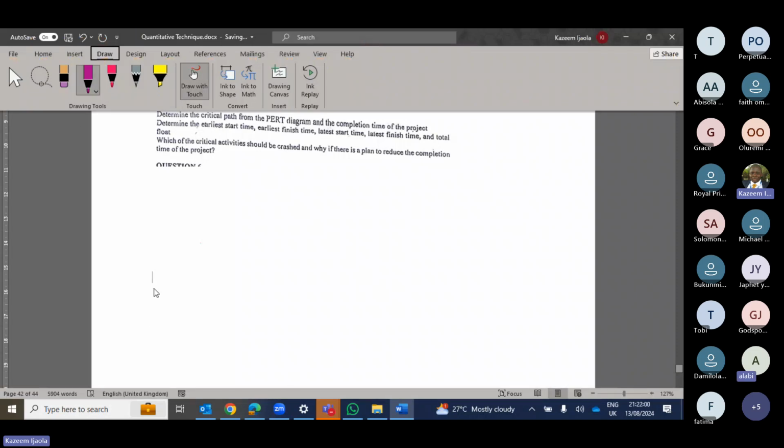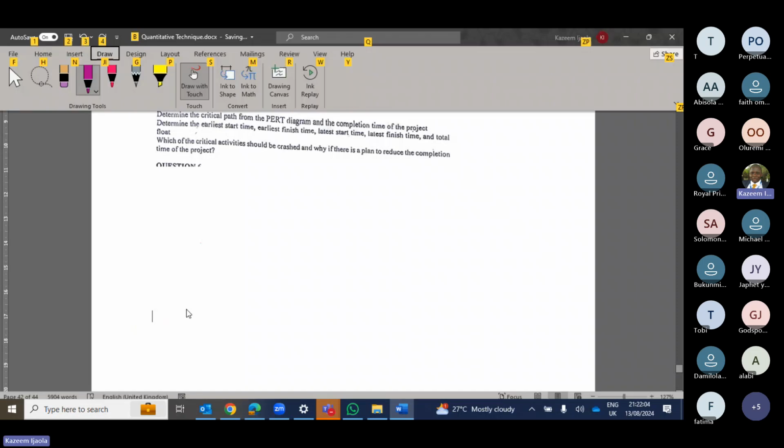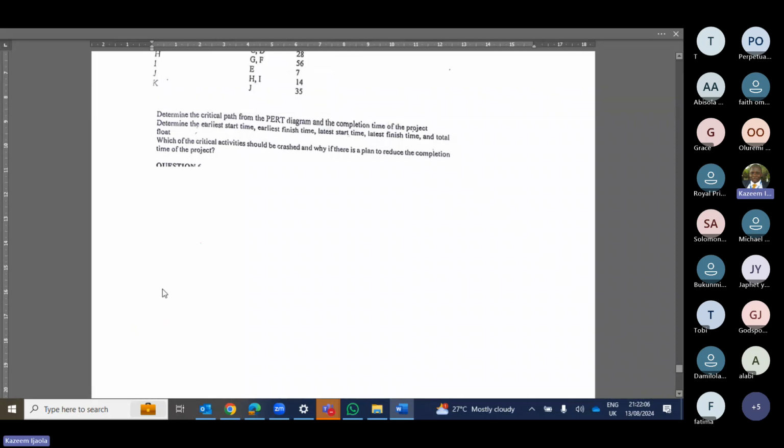Let's go fast. So this is my A and this is my B.